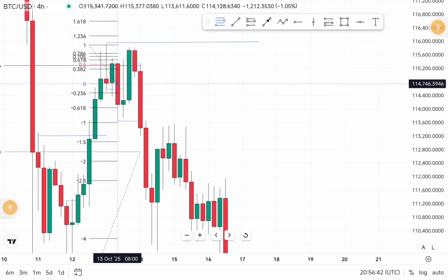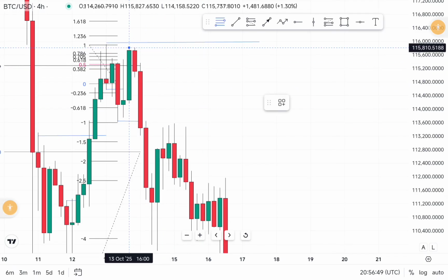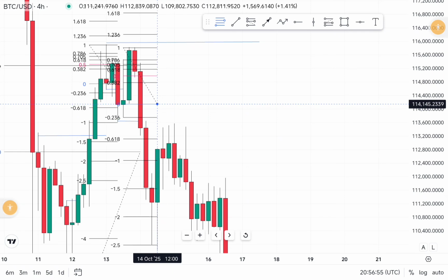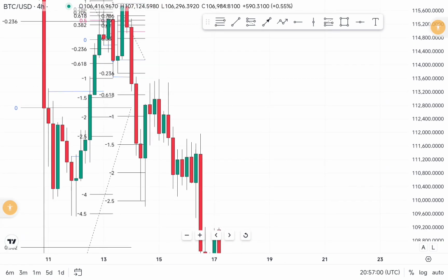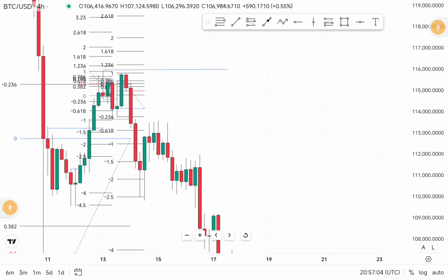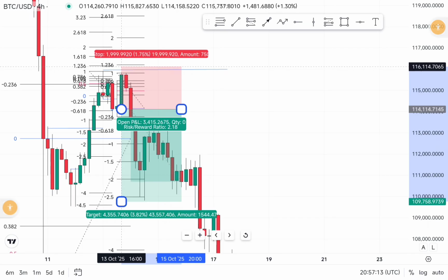Originally in the lower time frame we should be looking at a downward movement, because the price still needs to pull back to test the 0.708 to 0.618 region in the higher time frame. That's the daily chart.